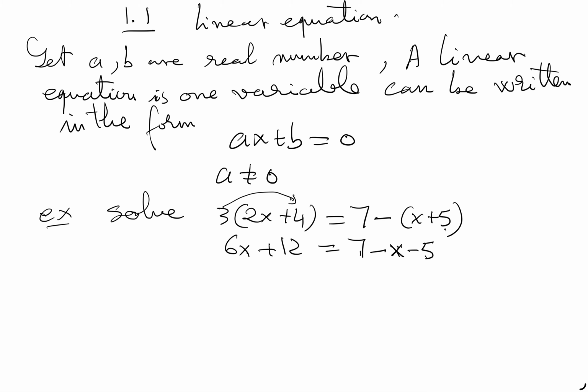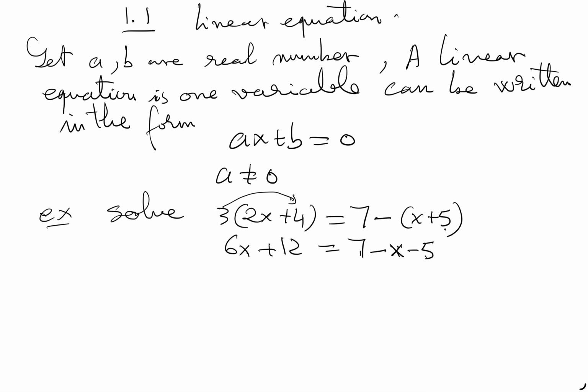Now you have to add them up, and you have to combine the x on the left side. You see this x? You have to combine them. Move this one here, the sign will switch. All the x have to be on the left side. All the real numbers have to be on the right side.